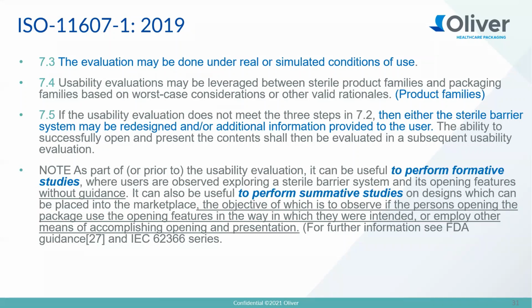That allows you to not have to assess every single package configuration, but to lump them together in product families. Also, in 7.5, you can take that feedback and either redo or redesign the sterile barrier system based on the feedback that you get, or you can just provide additional information to the user when you're assessing the aseptic presentation and opening.